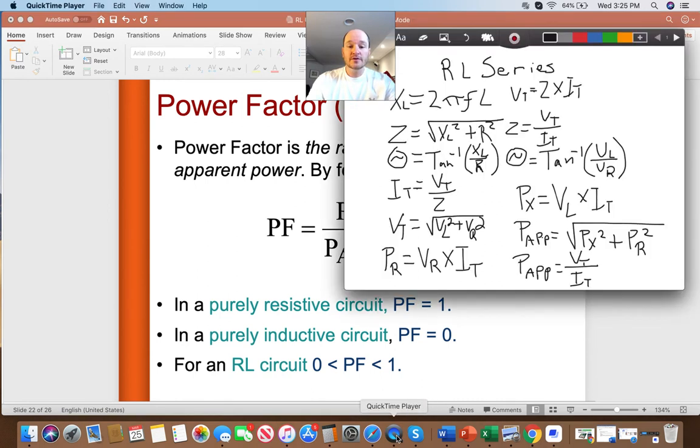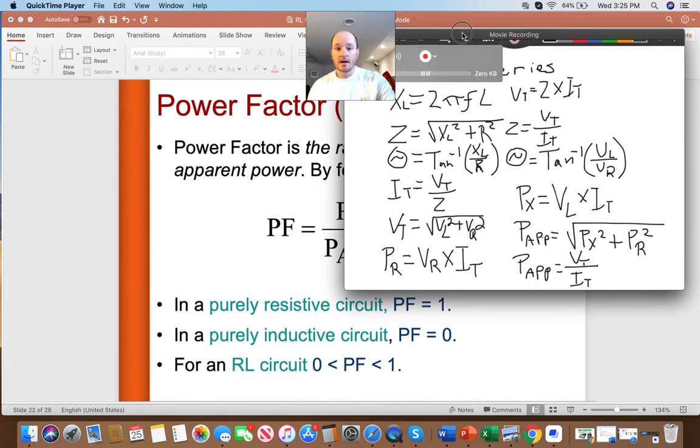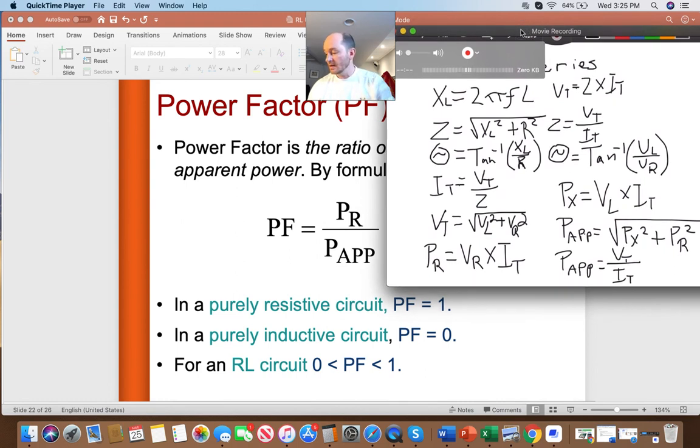Okay, so let's go ahead and first of all, write this power factor formula down. It doesn't change that much from the other one that we talked about last week. The main difference is that now we have a resistor. We're not just using the resistance of the windings on the inductor. All right, so power factor equals PR divided by APP.